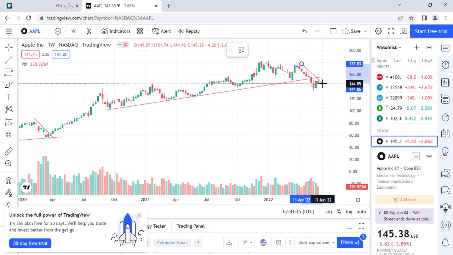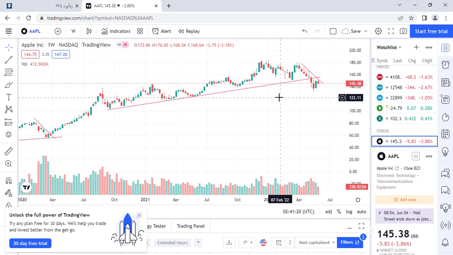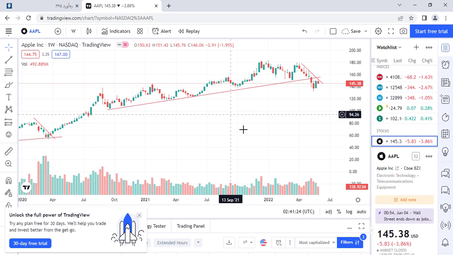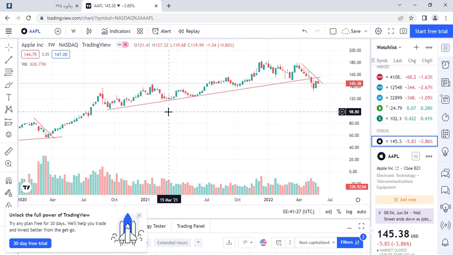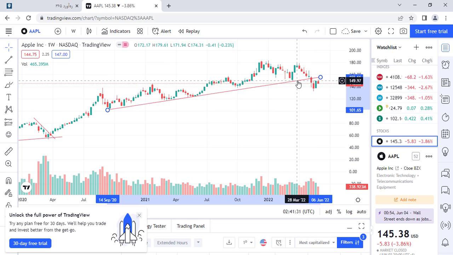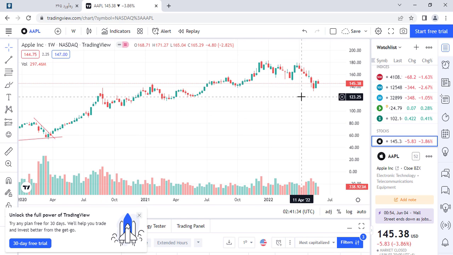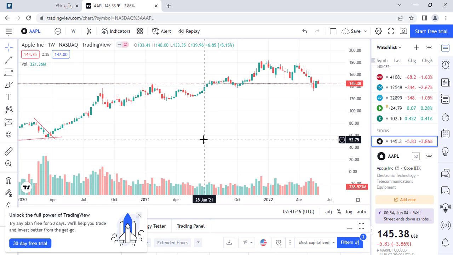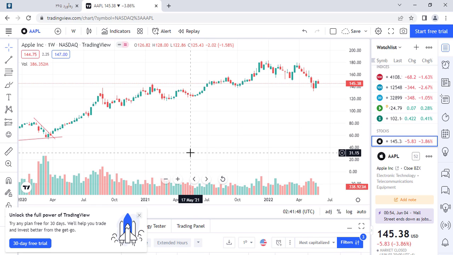The trend line also hasn't been broken here, so I don't know what will happen, but I believe that the price will decrease more in Apple company shares. I want you to become able to find out where the price chart and price patterns are going.